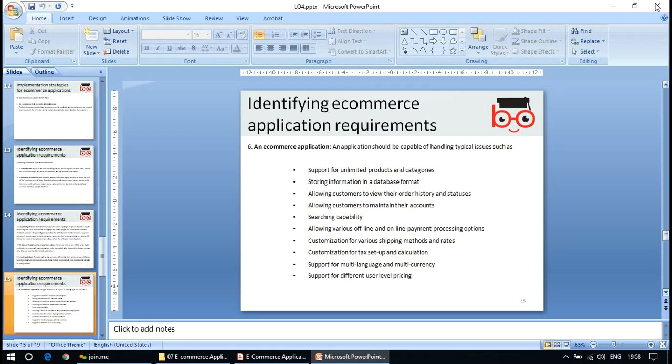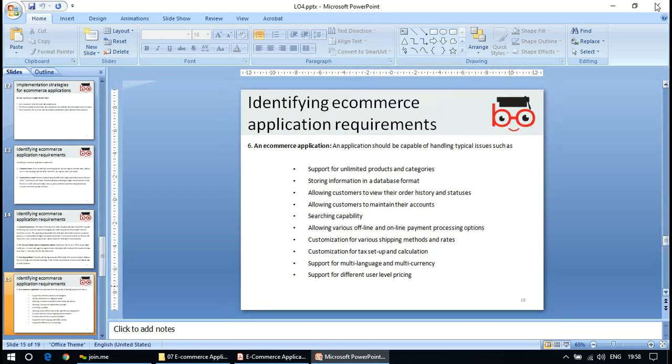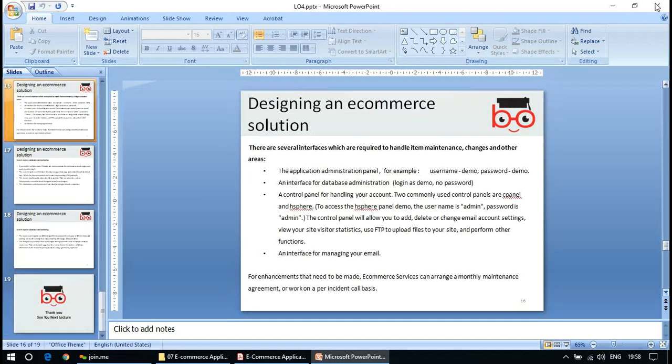Different user level pricing means, like, a kind of normal user, premium user. Oh, I see. A bit like if you subscribe to the site, you get different prices and stuff. Yeah, like premium and stuff.